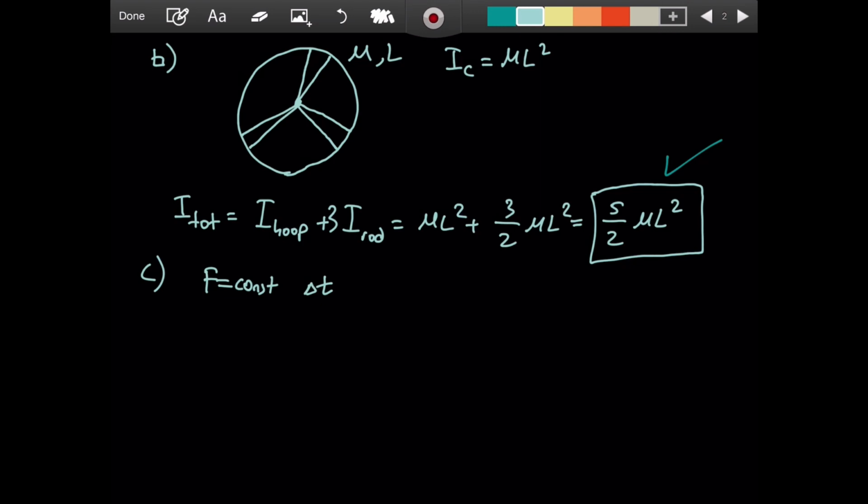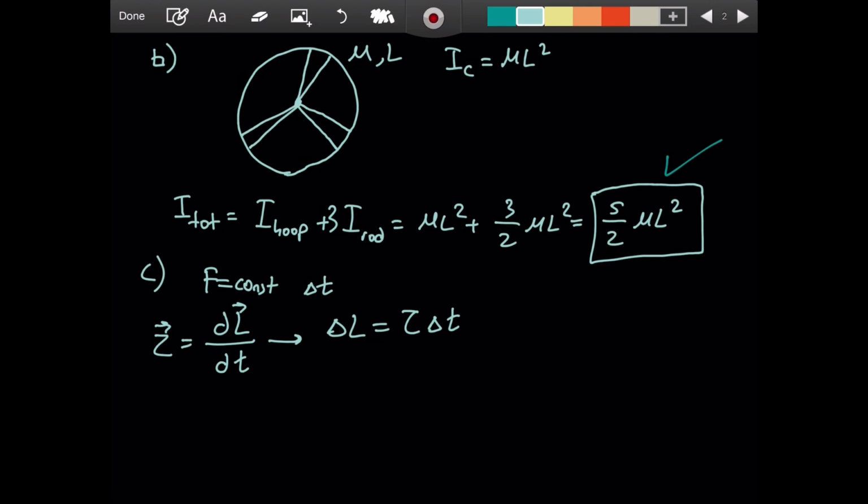So how do we tackle this problem? Well, there are different ways, but the way I want to solve it is using the fact that the time derivative of angular momentum is the torque. Since we have a constant force, we can translate this formula to say that delta L, the change in angular momentum, is equal to torque times delta t, the change in time.